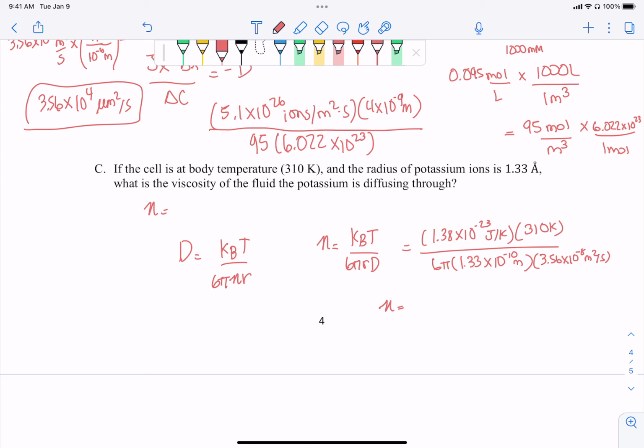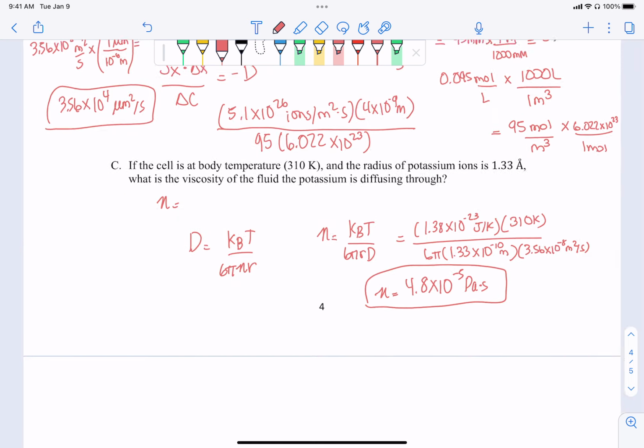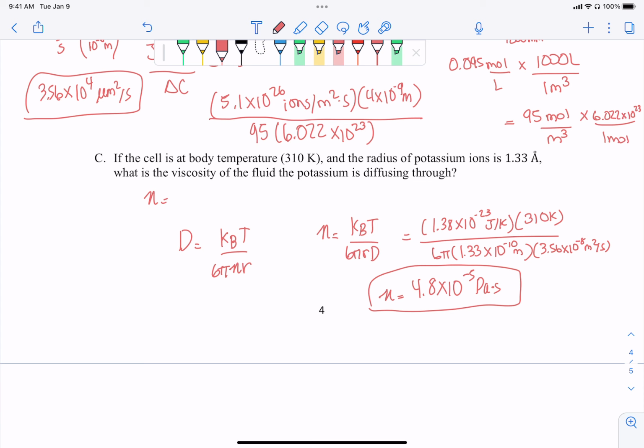Four point eight, yeah. I got 4.7, but just rounding at that point. But yeah, I can do 4.8, I think, times 10 to the negative 5, and that's Pascal seconds, right? Because we're doing SI units, so Pascal seconds for viscosity. Yeah, 4.8.